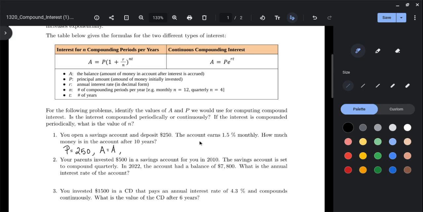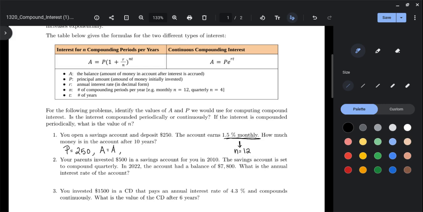And then the next thing is we're trying to figure out, is it periodically compounded or continuously compounded? This helps us identify which of those two formulas above we're going to need to use to solve this. In this case, it's compounded periodically because we're told that it earns 1.5% monthly. So this tells me that we're going to use the formula for periodic compounding, and our N is going to be 12 since it's monthly.